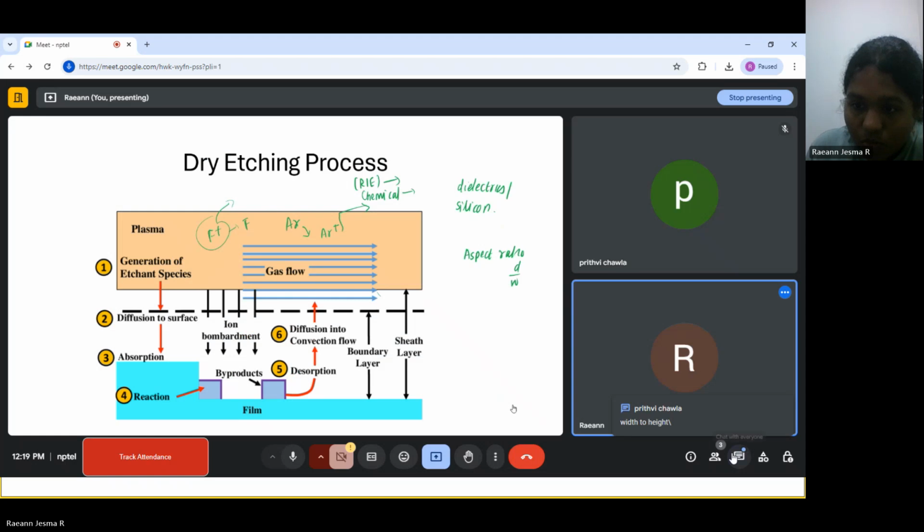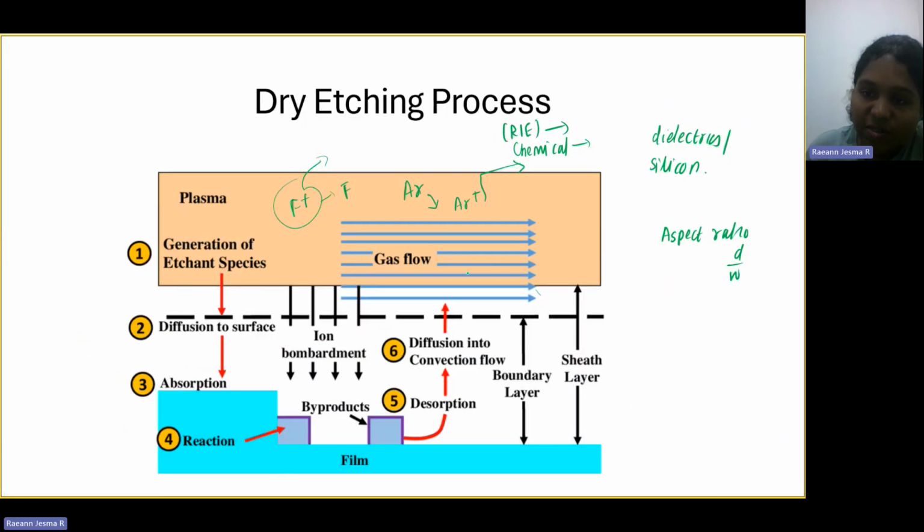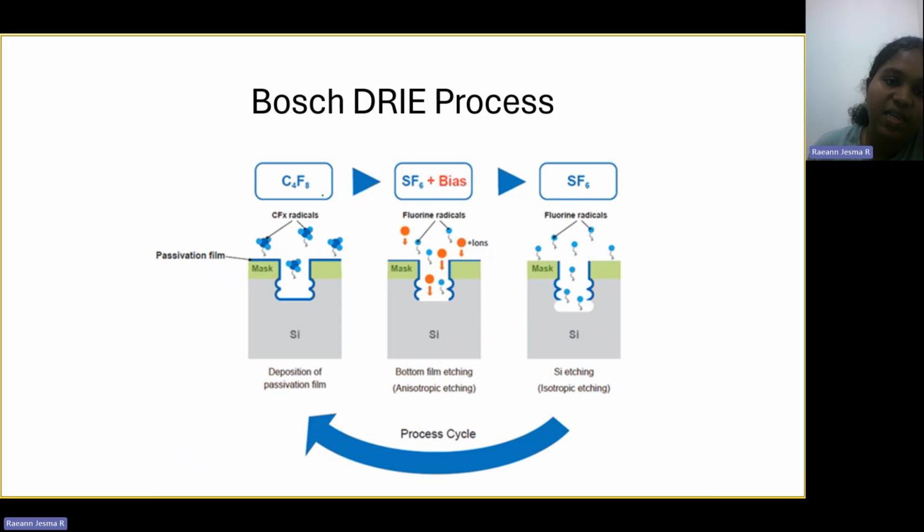So for this, we use a modified process where we have two different kinds of gases. The first is C4F8. What this will do is deposit a polymer. We have SF6 which will etch silicon.